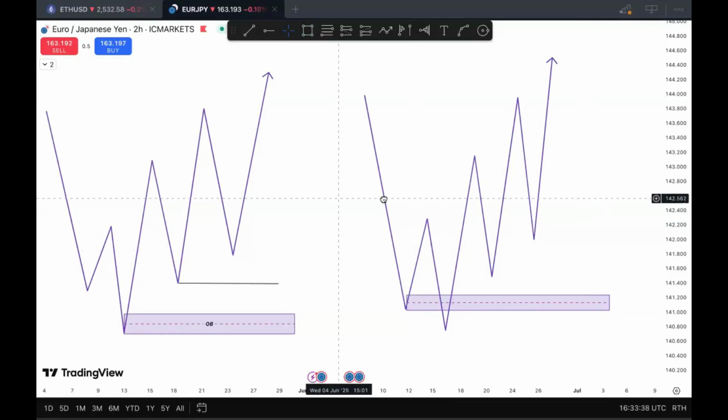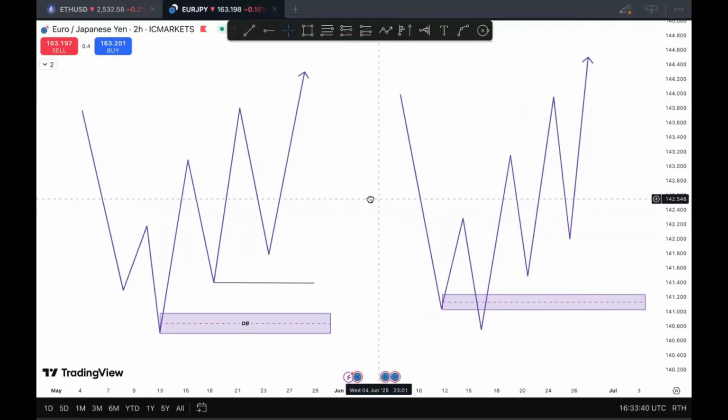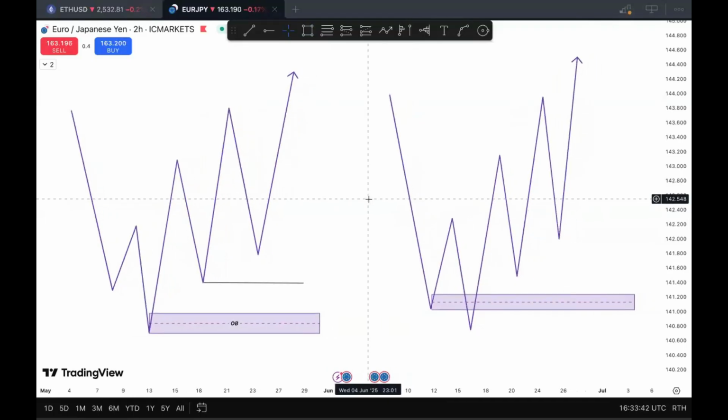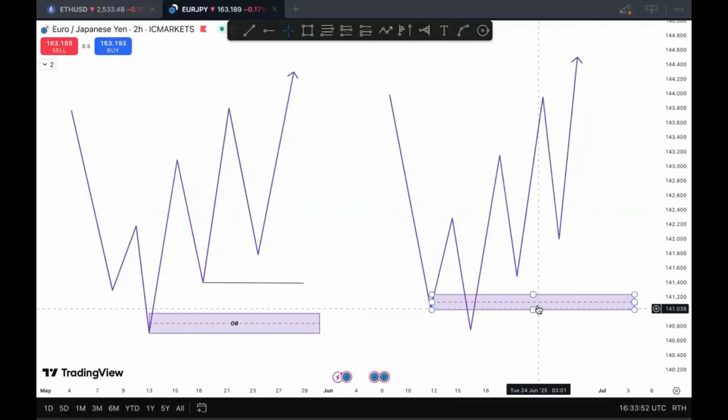Look at it. You can see the difference. It's very clear, very easy, and very simple. Clear, clean, and classic. So this becomes your POI, BB.